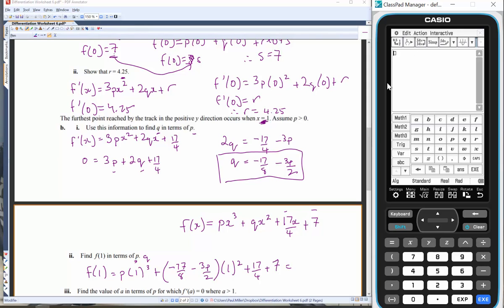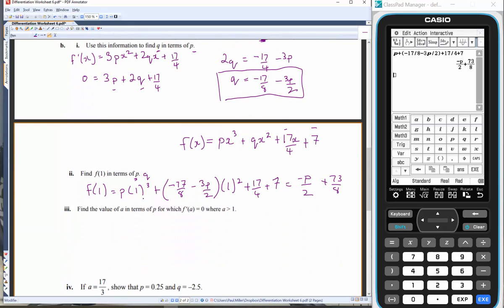So I've got p plus negative 17 on 8, take away 3p over 2 times 1 squared is just times 1, plus 17 on 4, because I'm putting 1 in there, plus 7. And I get negative p on 2 plus 73 on 8. All right.